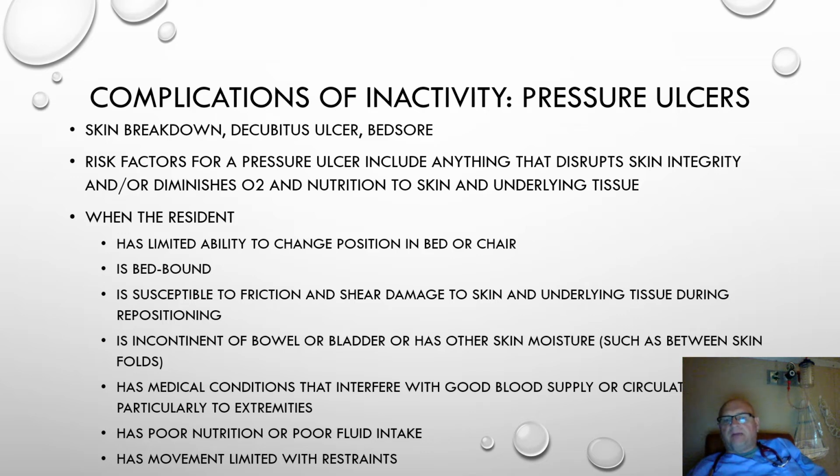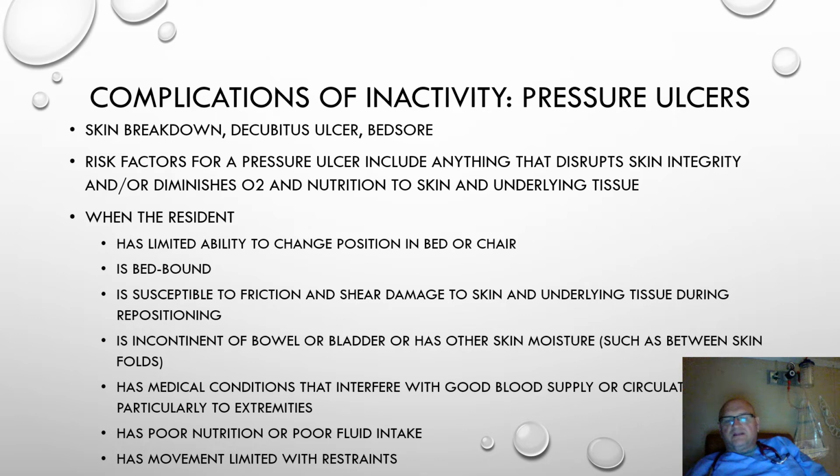If they're incontinent of bowel or bladder, they have other skin moisture, such as in the skin folds of the abdomen if they're obese, the skin folds of the breasts of females, the armpits. We want to make sure that they remain dry whenever we're repositioning them. Check those areas also.